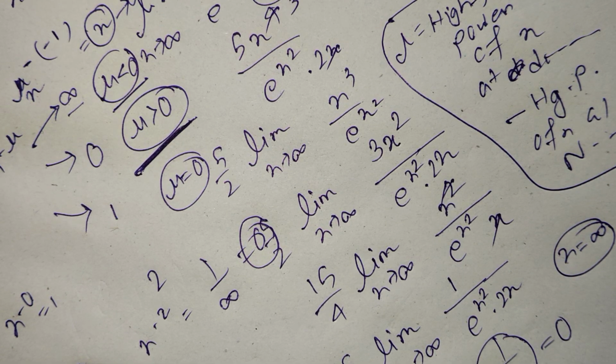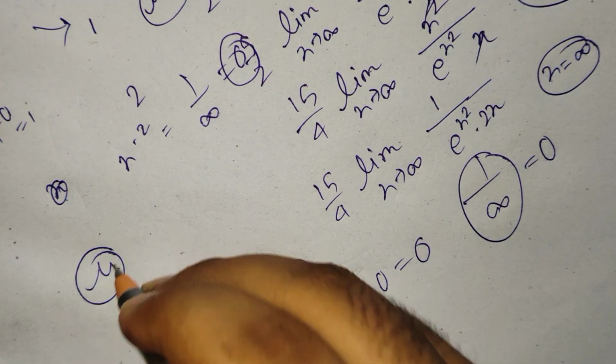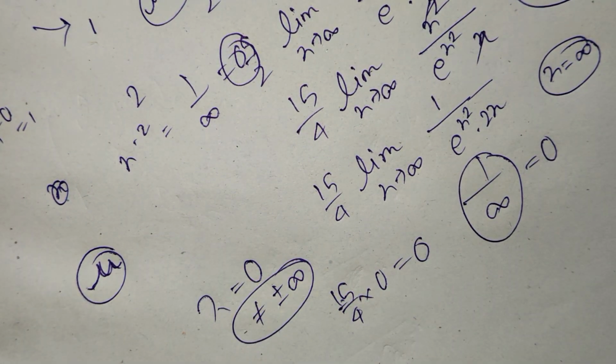And this is all about this video. In the next video, I will try to cover examples on the comparison test, which is also important, but the most critical test is the mu test, because people get stuck at a point where they can't find mu. What is mu? I have told you the approaches so that you can find the value of mu. Using the second approach, we have to choose mu so that the limit will exist.